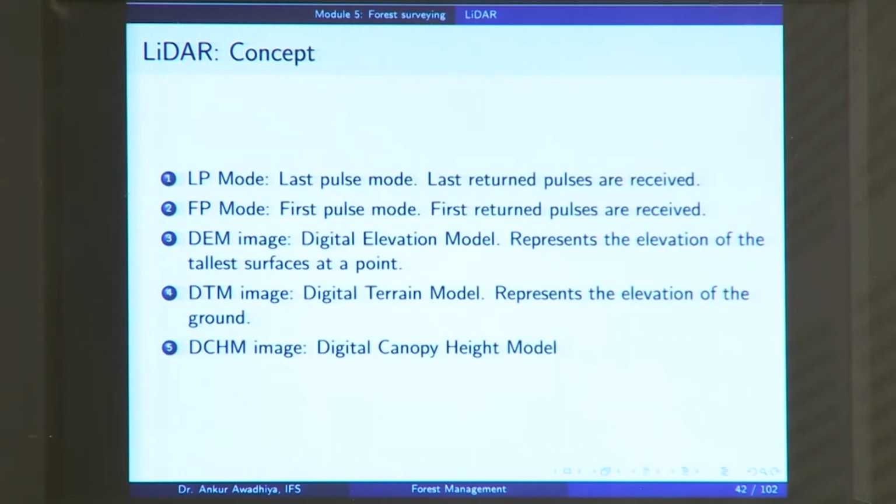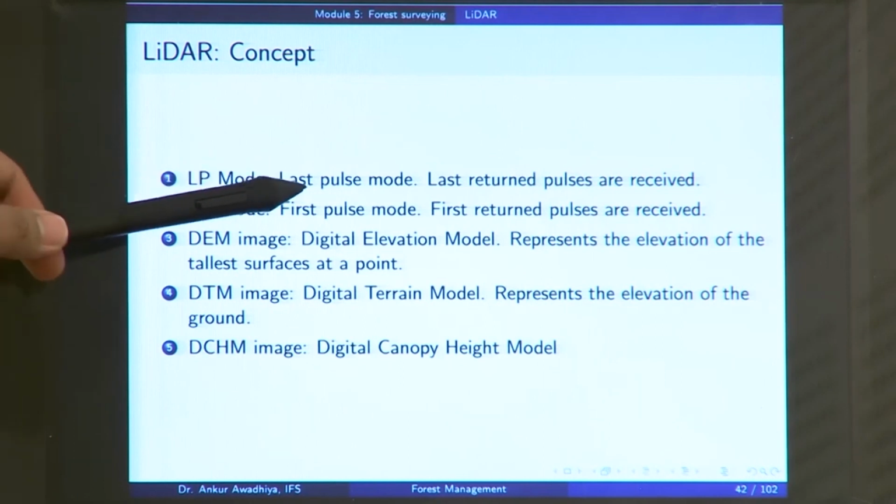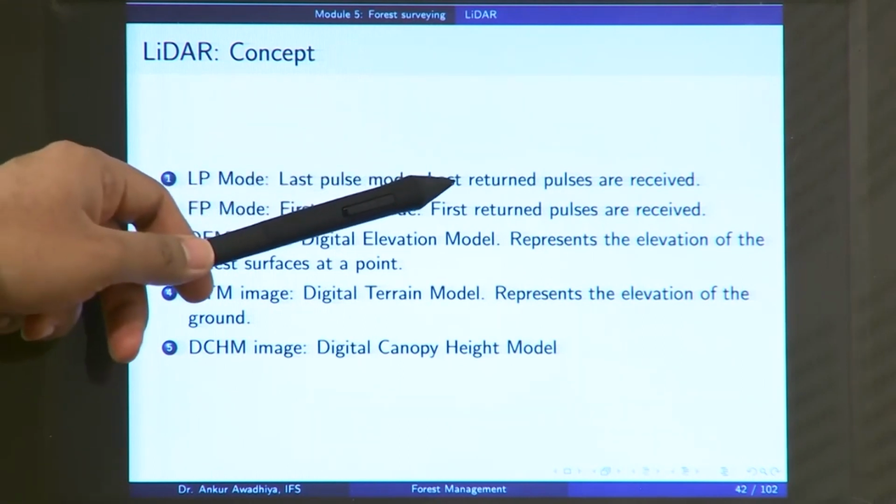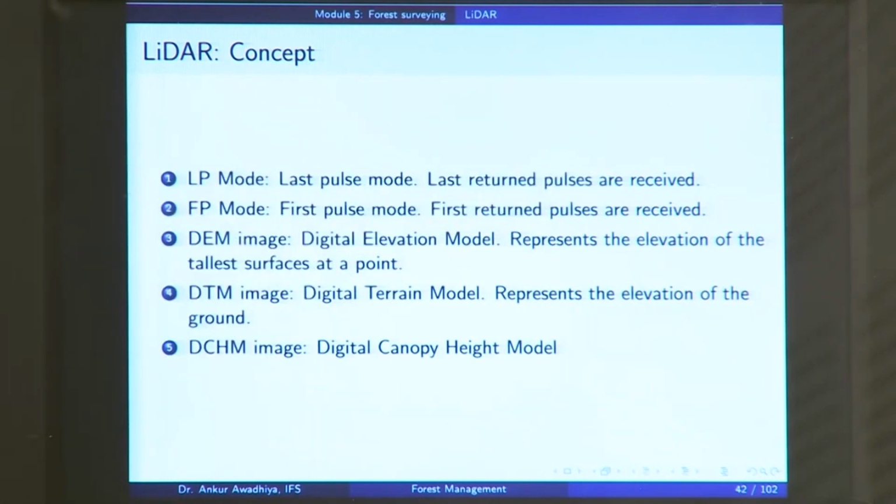Now, a laser can be used in LP mode or FP mode. In the case of LP mode, the last pulse mode, the last of the returned pulses is received, and in the FP mode, or the first pulse mode, the first of the returned pulses is received. Now, what is that?